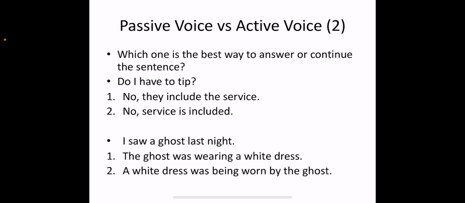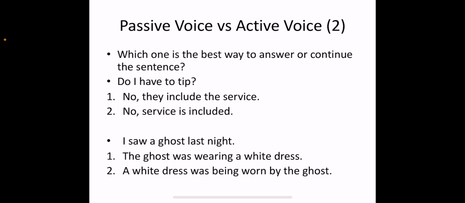What is important for us to mention in our conversation? The people at the restaurant, that in the question is not mentioned, or the action of the tip, which is service? The service, right? So in this case, number 1, which is active voice, is not the best way to continue. We prefer number 2, which is passive voice, right?